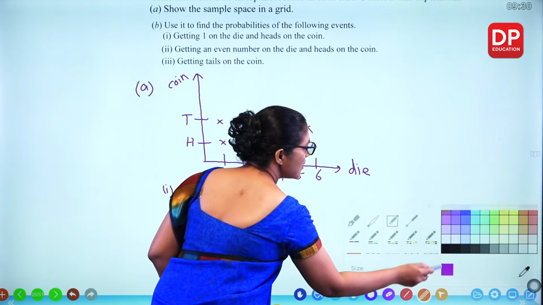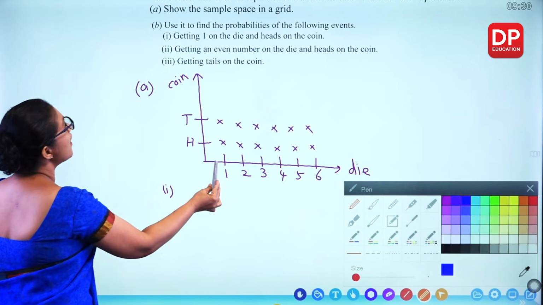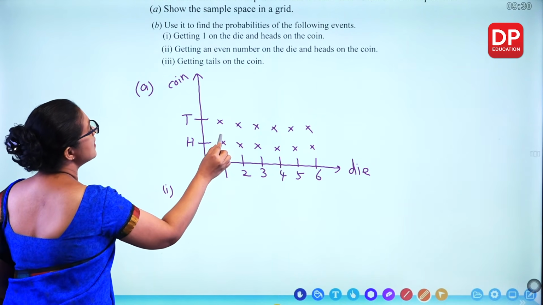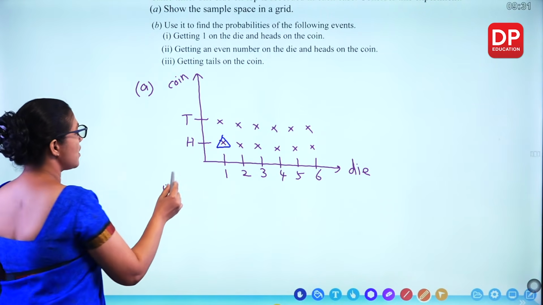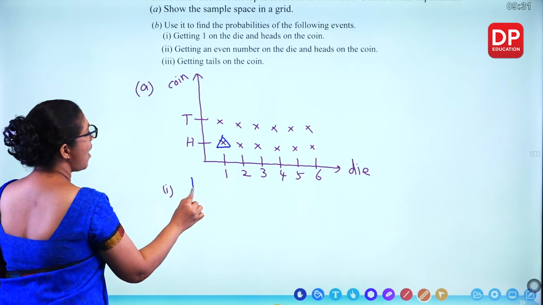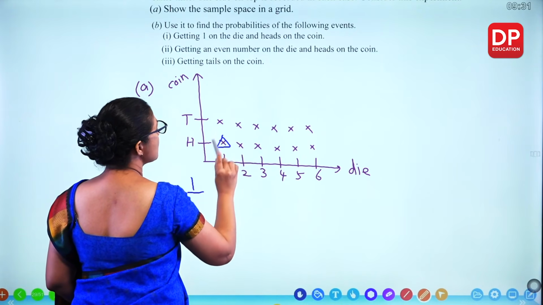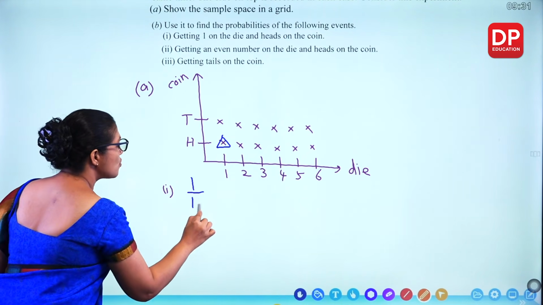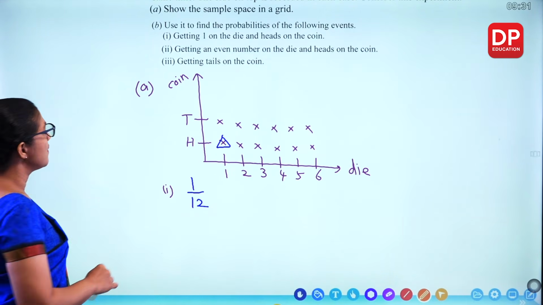I'll take a different color, I'll take blue. 1 and head, so only one possibility. So what's the probability? 1 over 1, 2, 3, 4, 5, 6, 1, 2, 3, 4, 5, 6. Altogether 12 outcomes are there.